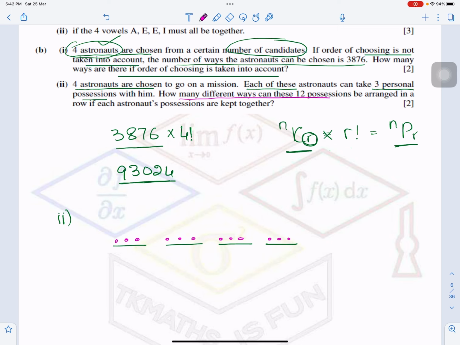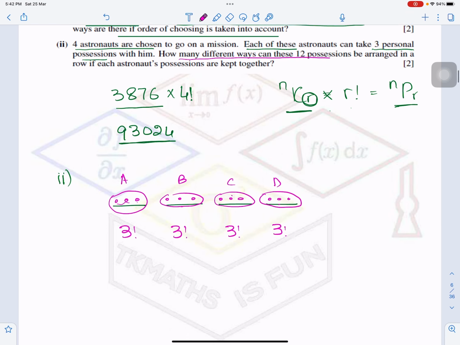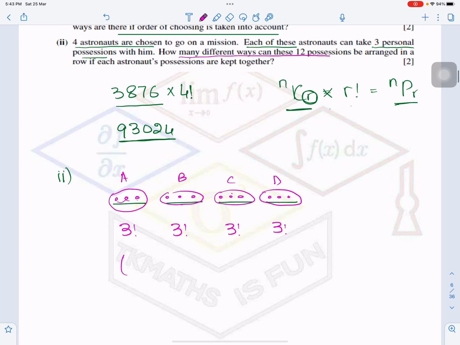The 3 belongings of one astronaut can go in any order, so 3 factorial. Similarly for each of the other astronauts, 3 factorial. Say the astronauts are A, B, C, D, each with 3 belongings, so for all astronauts it is 3 factorial to the power 4.